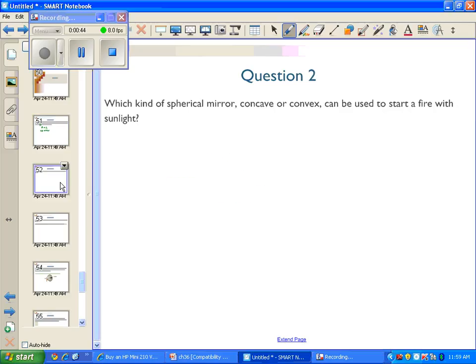Next question. Which kind of mirror, concave or convex, can be used to start a fire with sunlight? Well, it's concave because in the case of the concave mirror, if you recall, let's draw our principal axis. Here's our focus and the center.